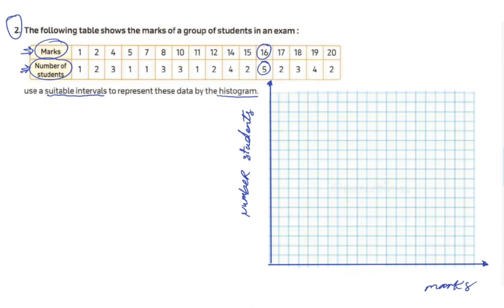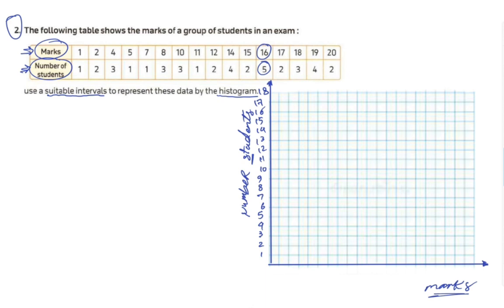Now, mark and number of students. The number of students may be 1, 2, 3, 4, 5, 6, 7, 8, 9, 10, 11, 12, 13, 14, 15, 16, 17, 18, and so on.